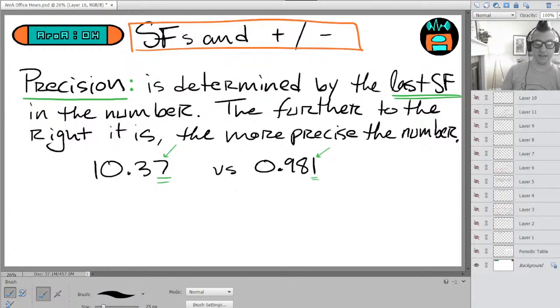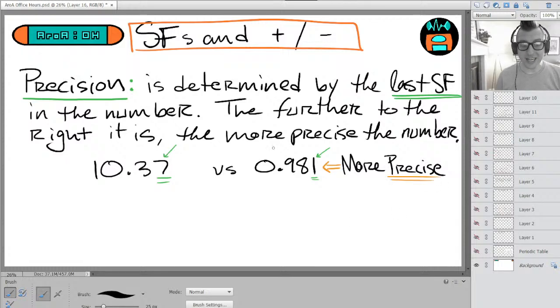And we said that the further to the right your last significant digit is, the more precise your number is. So 0.981 is more precise.